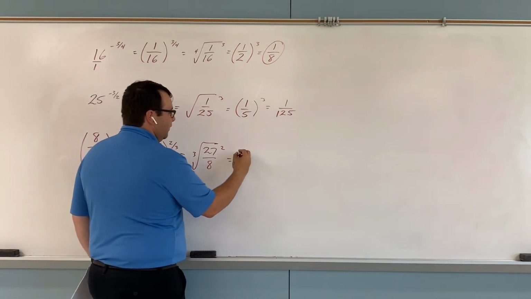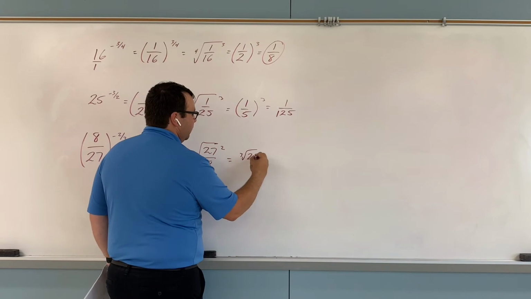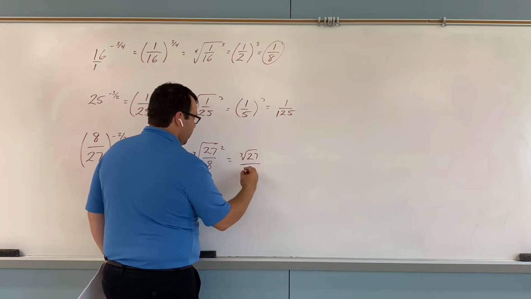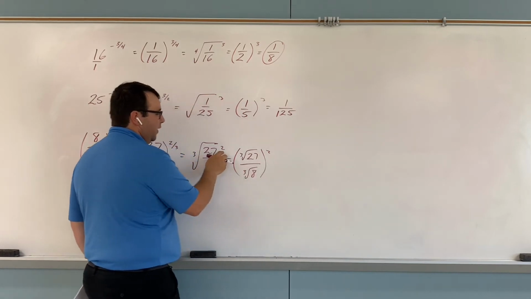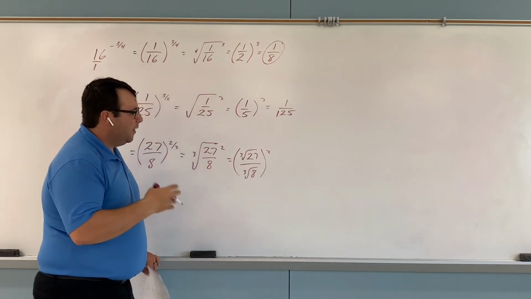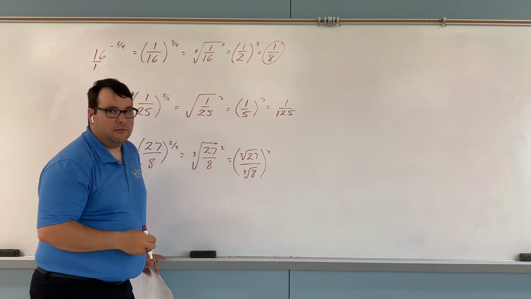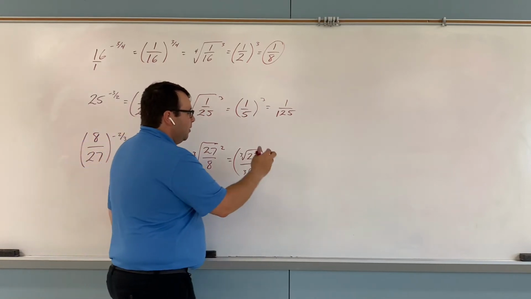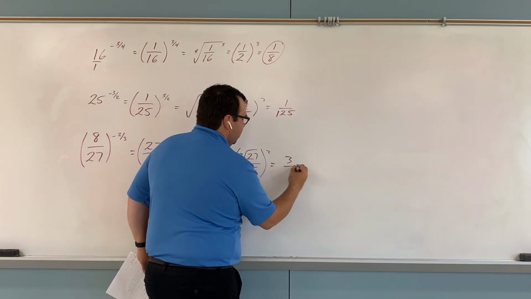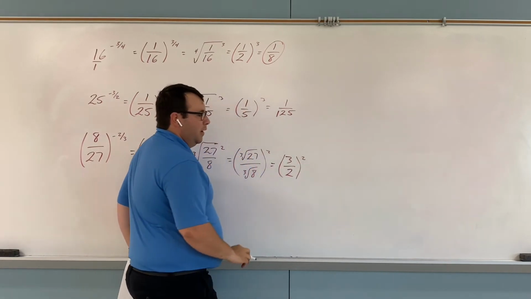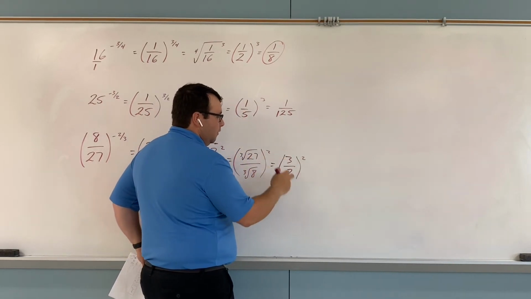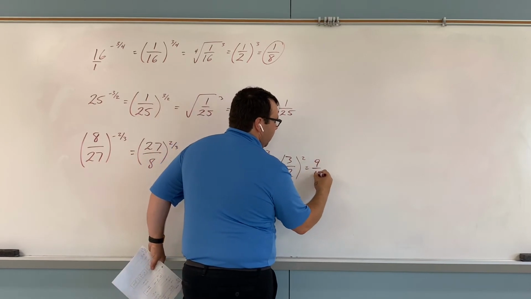It's technically like saying I have the cubic root of 27 over the cubic root of 8, right? The whole thing is still squared because I got that square out there. So it's basically saying take each individual piece and look at it. Cubic root of 27 is 3. Cubic root of 8 is 2. It's squared still. So that gives you 9 over 4.